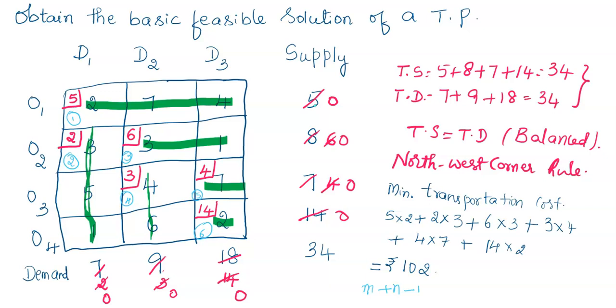We have the origins as O1, O2, O3, O4, so that is 4. And the number of columns, which is the demand, is 1, 2, and 3, so it is 3. So m plus n minus 1 is 4 plus 3 minus 1, which is 6. So in the cells also we get 6. Therefore the solution is non-degenerate.